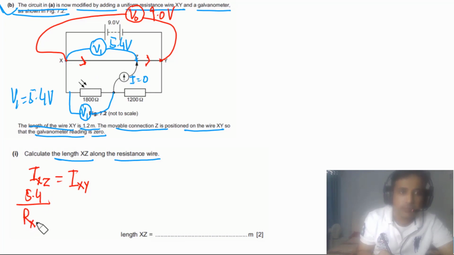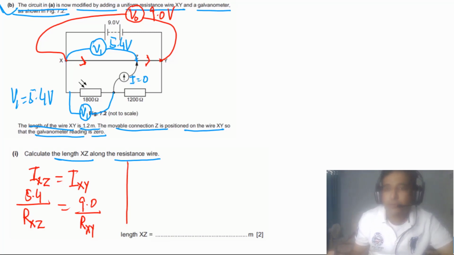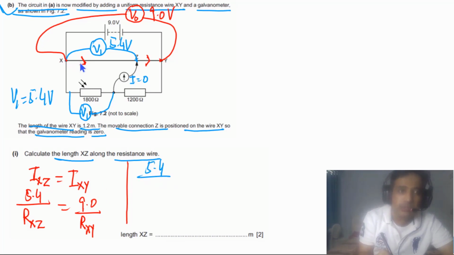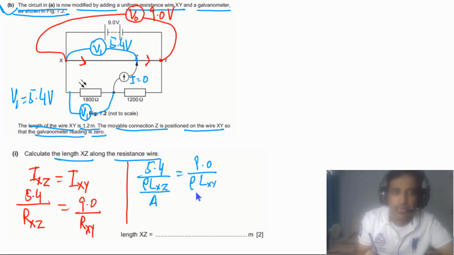We can say resistance XZ. And here we have IXY, so that is equal to 9.0 divided by resistance of the wire XY. Now from here we can write 5.4 divided by resistance of this part of the wire, which will be equal to rho LXZ divided by A. And here we have 9.0 divided by rho LXY divided by A. From here you can see this rho we can cancel, and this A we can cancel.